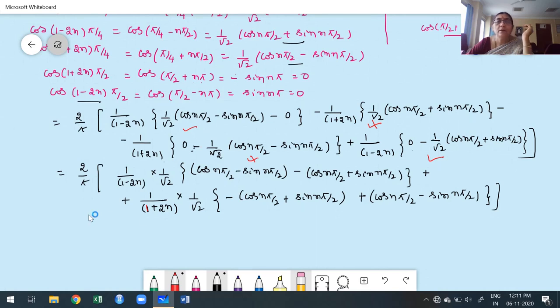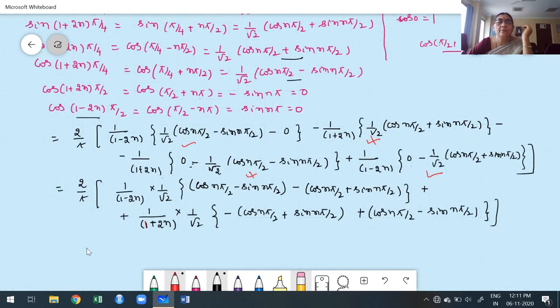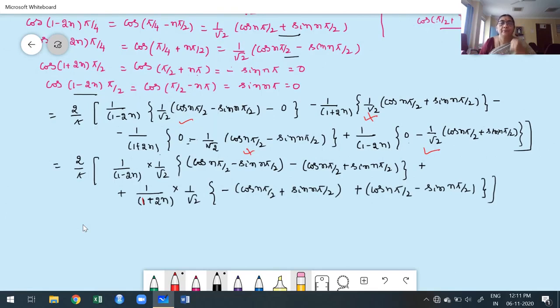Minus into minus plus. Correct. This is 1 plus 2n. This is minus into minus. This is minus. Now I have to simplify further very carefully. I'm doing it a little bit slowly because suppose you are not doing it properly. This is given in the question paper. We have to practice, then only it is easy to do it quickly.